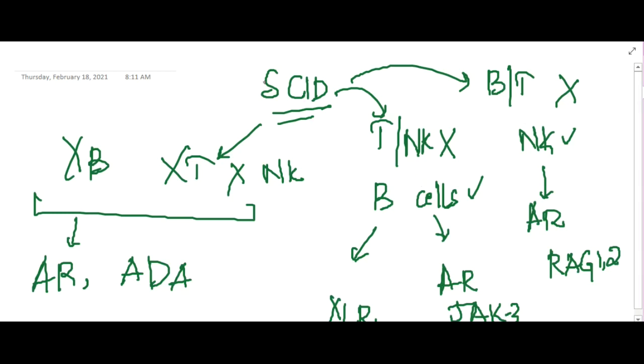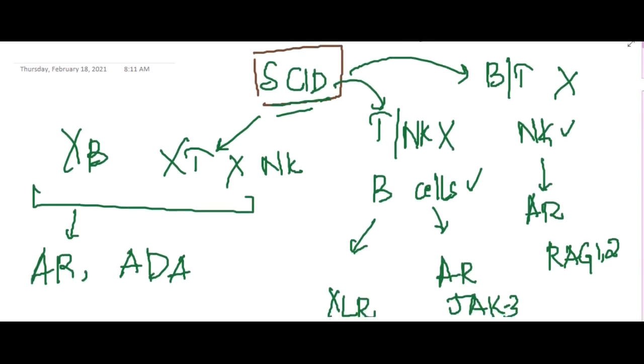So if we have to summarize severe combined immunodeficiency: if it is autosomal recessive type and occurs due to adenosine deaminase deficiency, then no B cells, no T cells and no NK cells are seen.